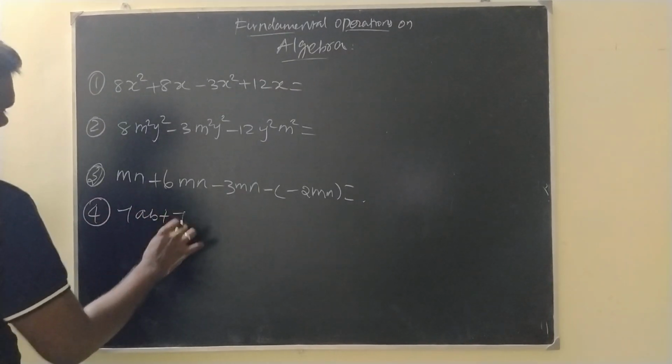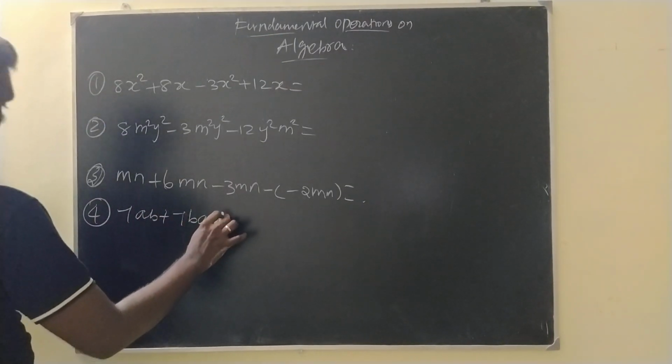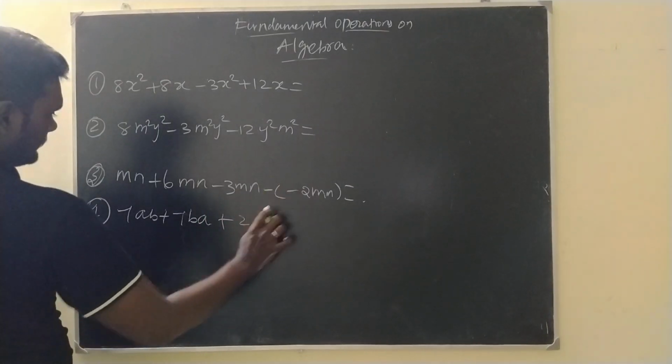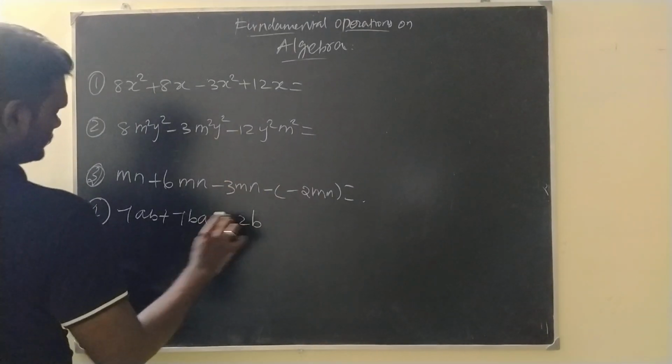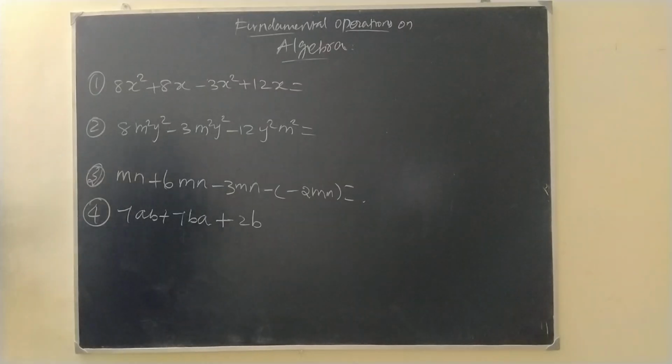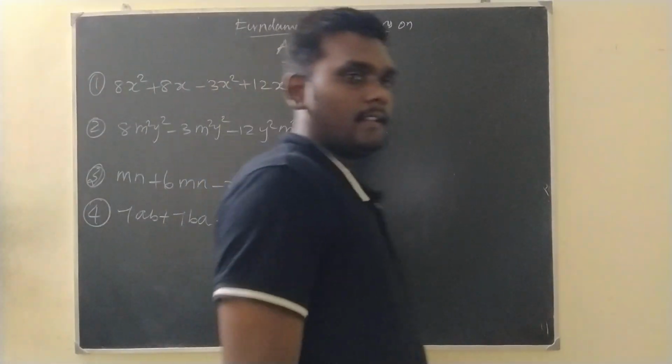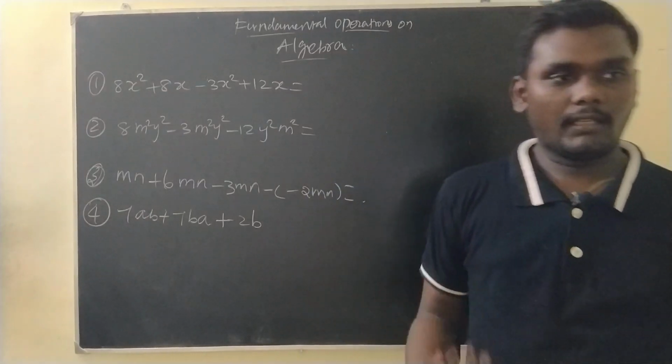Seven ab plus 7ba plus 2b. Simply work out these 4 questions and answer them, then we'll move on to the multiplication and division.